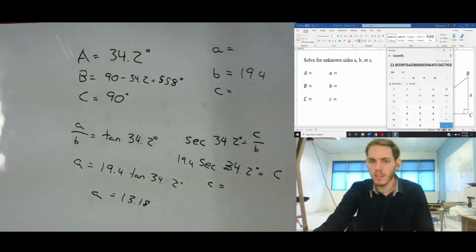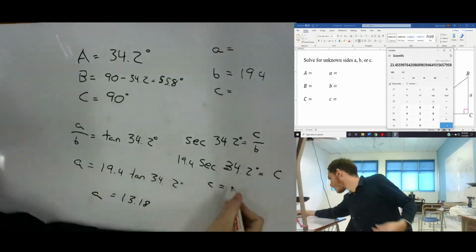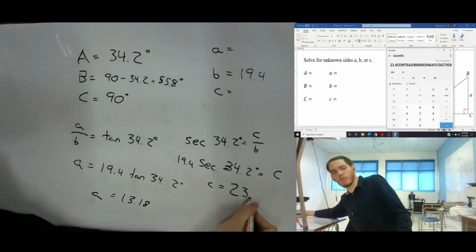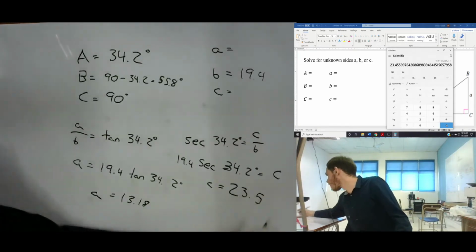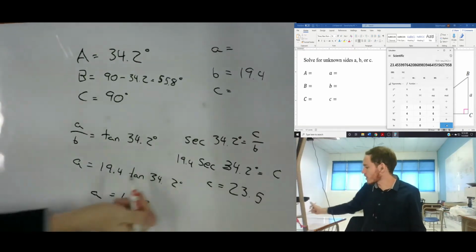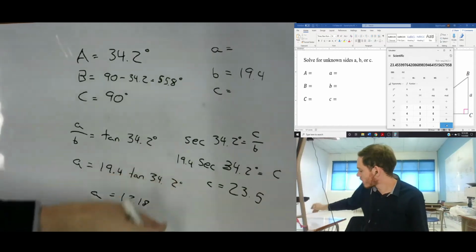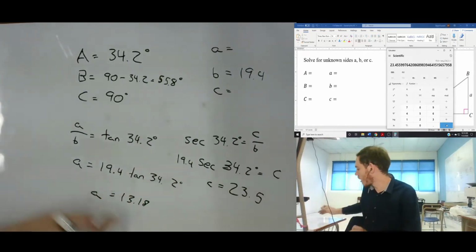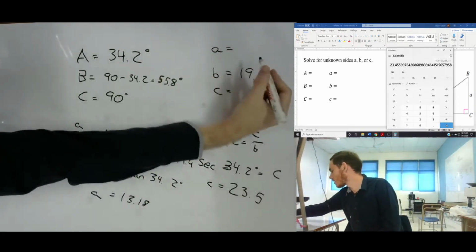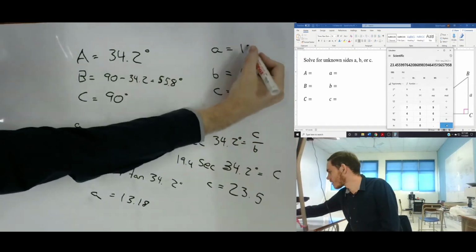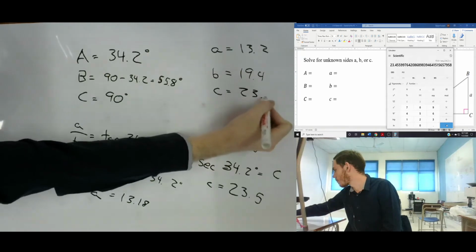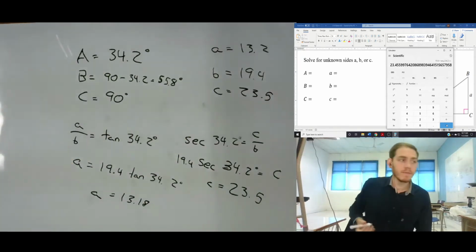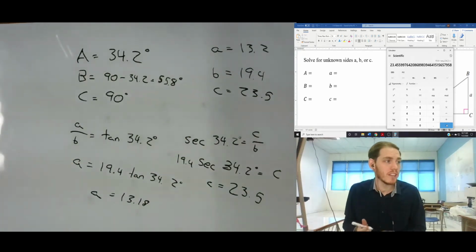Okay, and the answer is 23.5. So you could check your math to make sure that these all work out. This could also be simplified as 13.2 and 23.5. Okay, and that's what you would write.